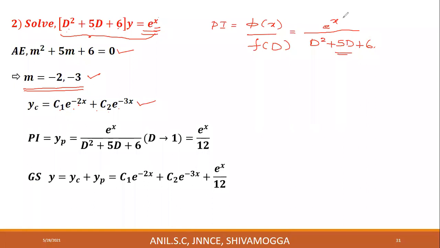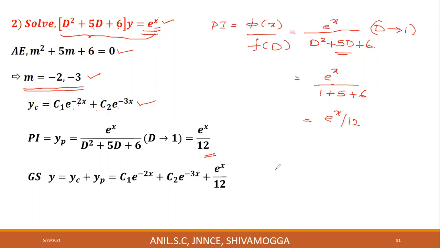Clearly, this is a type 1 particular integral because this is an exponential term. What is the approach? Replace d by a. What is a here? The coefficient of x is a. a is 1. Therefore, this is equal to e power x divided by 1 square, which is 1, plus 5 into 1 is 5, plus 6. That is e power x divided by 12.